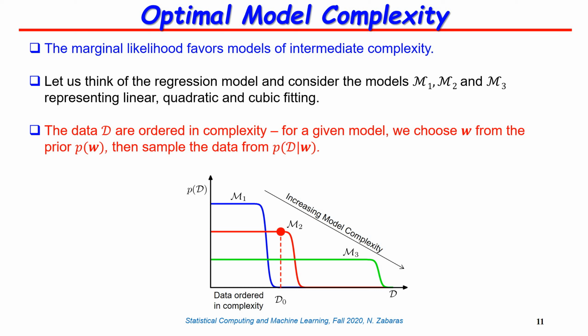So what you see in this picture are three models of increasing complexity. You can think of this, in the context of regression, as a linear polynomial, this as quadratic, and this as cubic. And if you look at a particular data set, the optimal model complexity, let's say, is quadratic polynomials, and that's what this pictorial in this particular case shows.